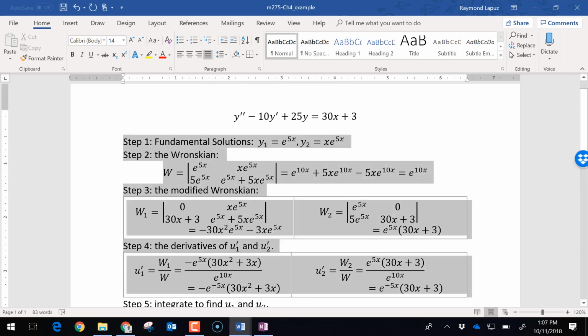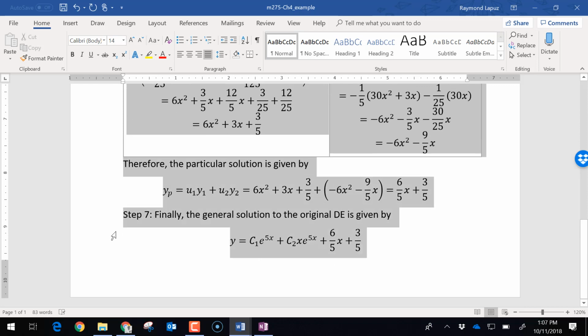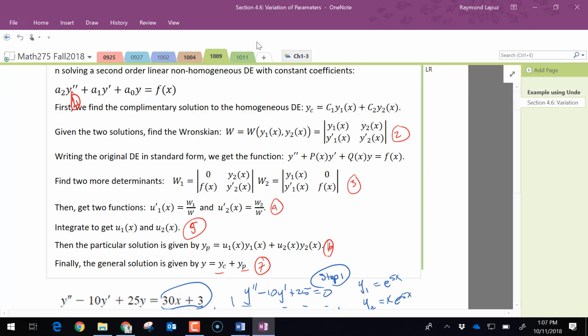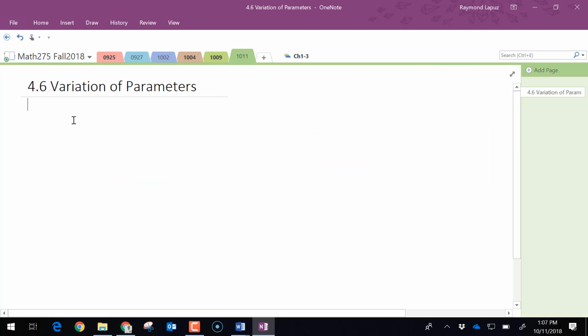Let me copy everything and then delete some stuff so that we can have the process down. We'll start our notes for today with that information.